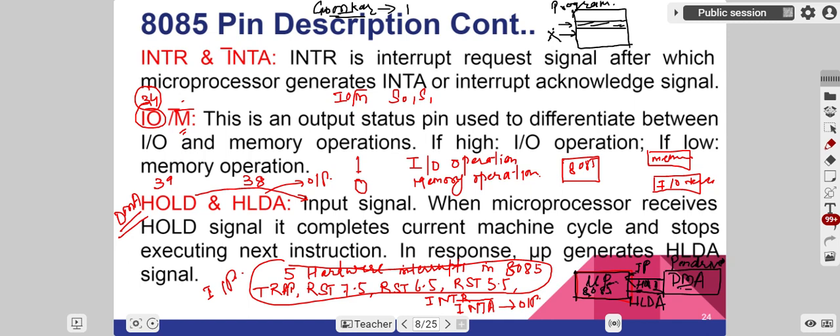Komal, how many hardware interrupts are available in the 8085 microprocessor? Yes, what are the names? Okay.